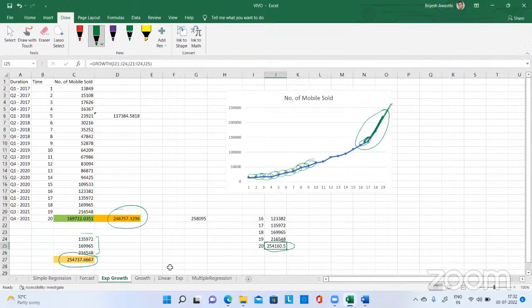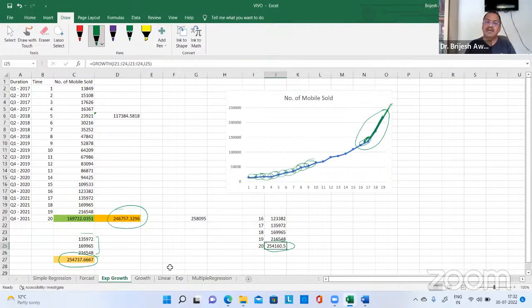Yes, sir. Right. So if I find that exponential growth is very close, that means in future we have to apply this. We will use this method only, and we will not go with some other method. Yes or no?